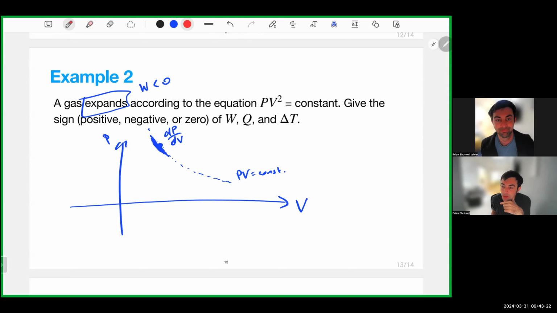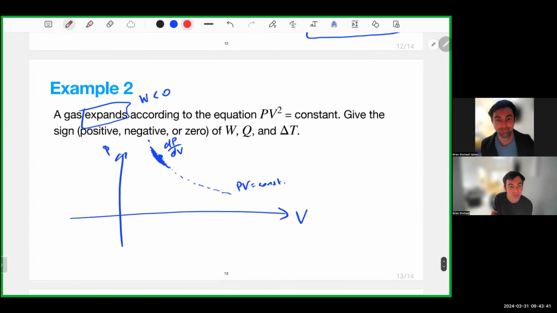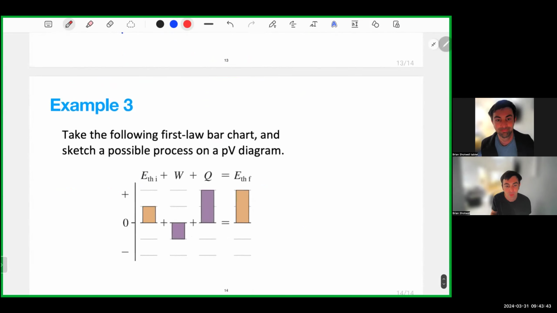This one is probably better done using some algebra. So I'm going to find dP/dV for both of those and see which is steeper, and then reason out the answer that way. But that's probably better done just in the notes. That's maybe too much algebra for the video. I don't want the video to get too long, so I'd rather leave that one for work that we'll post on the website.